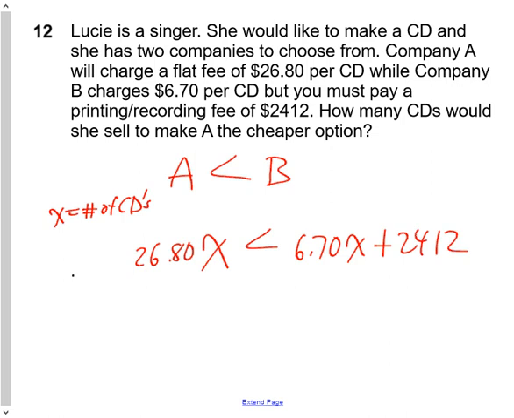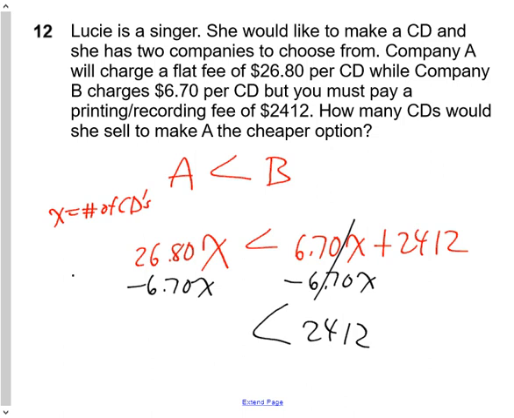So what we now have is an inequality that has variables on both sides. And like the previous question, if I want to get rid of it on one side, I'm going to create that algebraic zero pair by subtracting that amount of X from both sides. That will leave me with that fee of $2,412 will be greater than $20.10 multiplied by the number of CDs they sell.